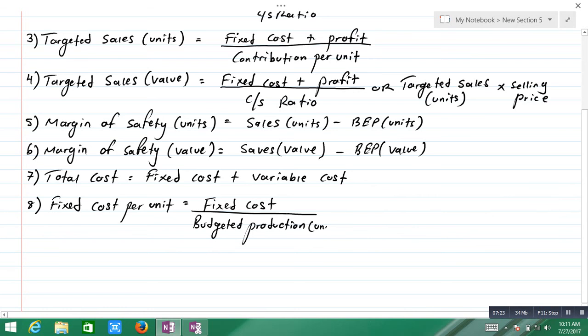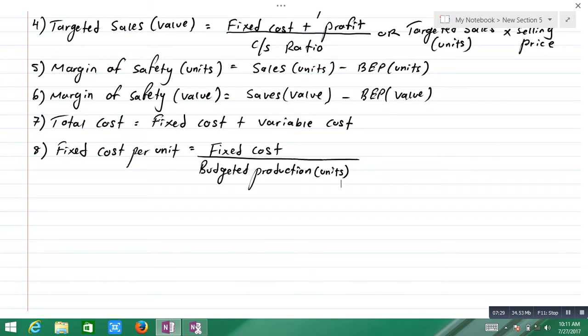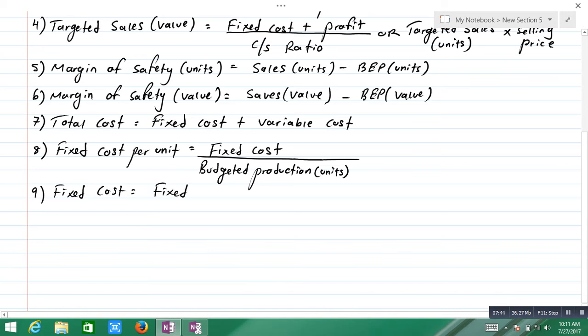Number nine, to get the fixed cost, that's the reverse: you take your fixed cost per unit times budgeted production.